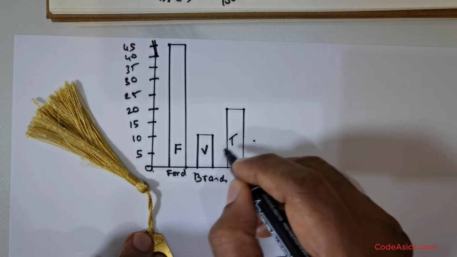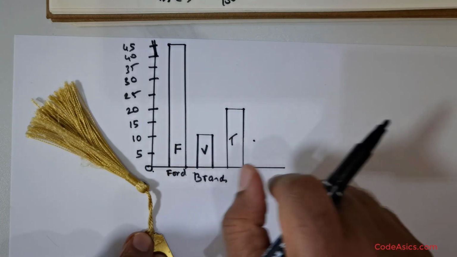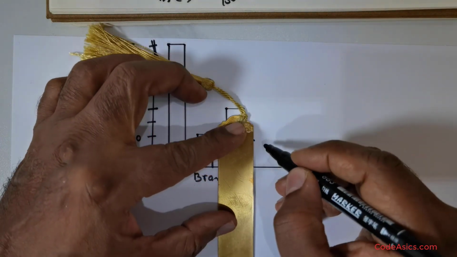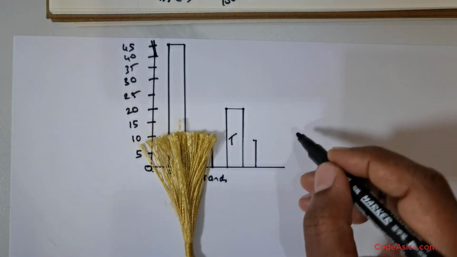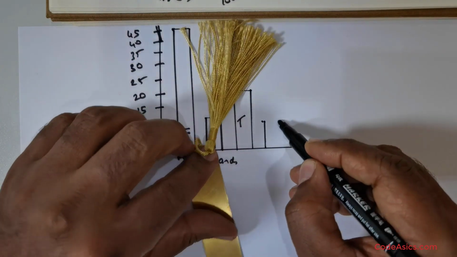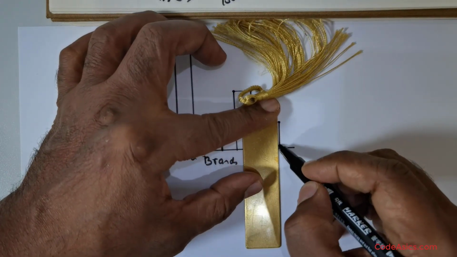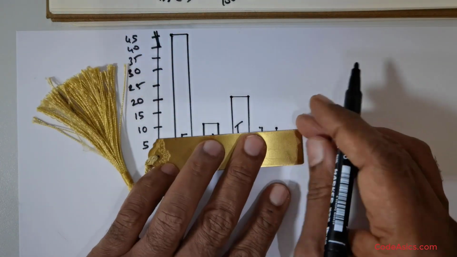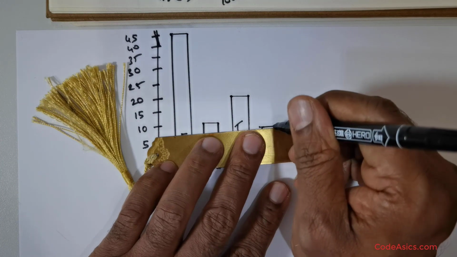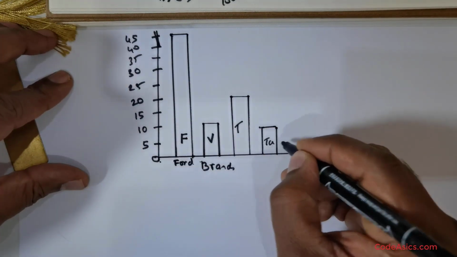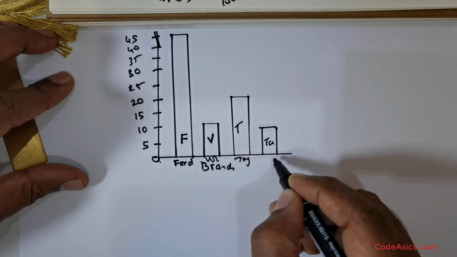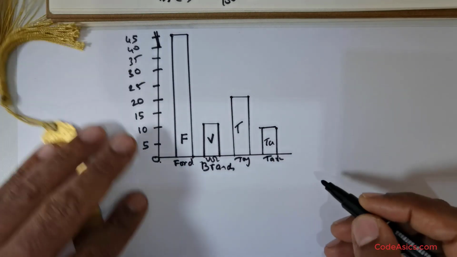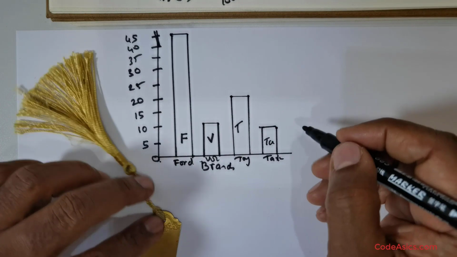Right, now you have to space them equally, right? So 8 is over here, so this is tank is TA. Probably you can write Volkswagen, Toyota, and tank, and then you got Honda.